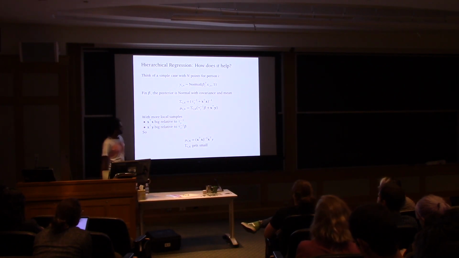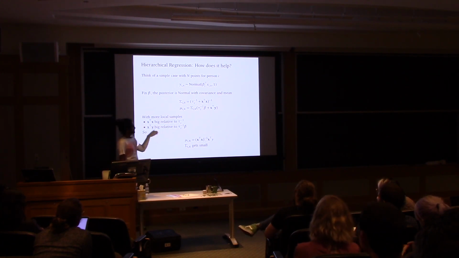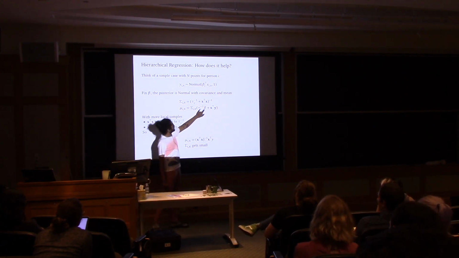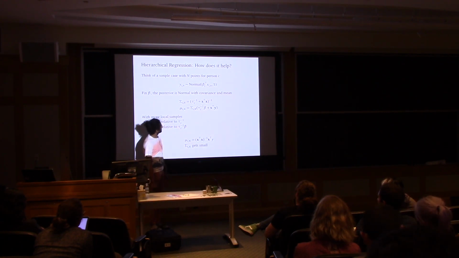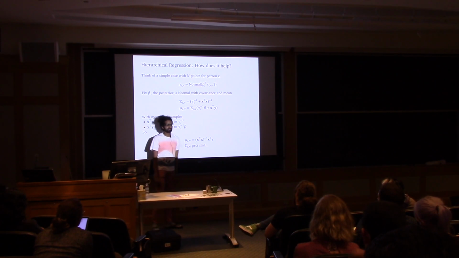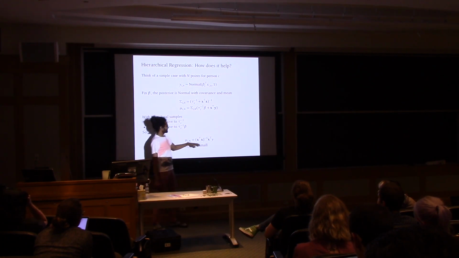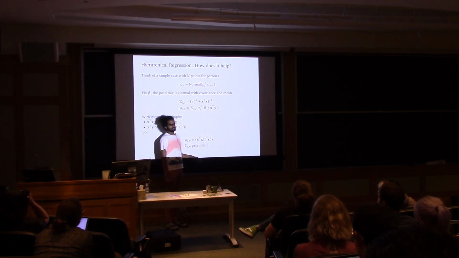The other thing that happens is x transpose y is again a sum of a bunch of numbers, and it will start looking big relative to the other term here, which is tau inverse times the beta prior. So when you have a lot of observations, this gets very, very close to just doing linear regression inside the group itself.